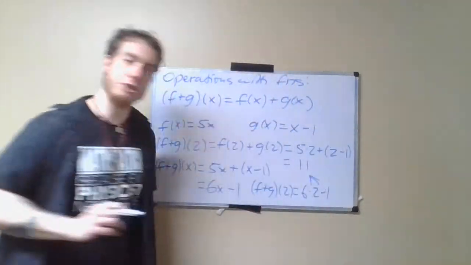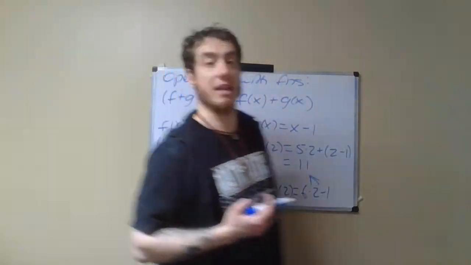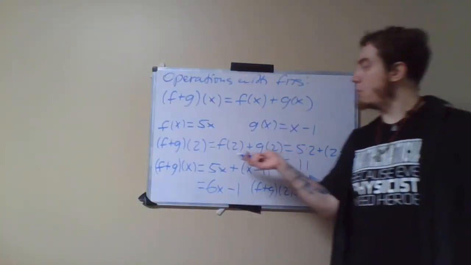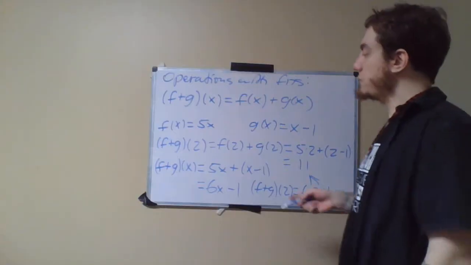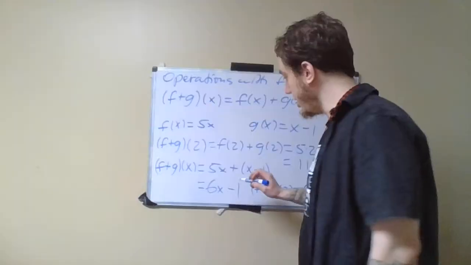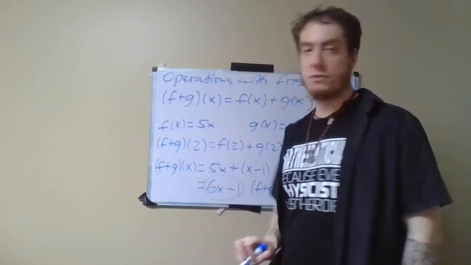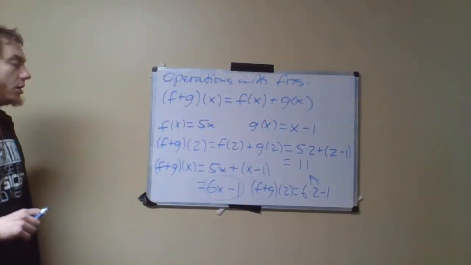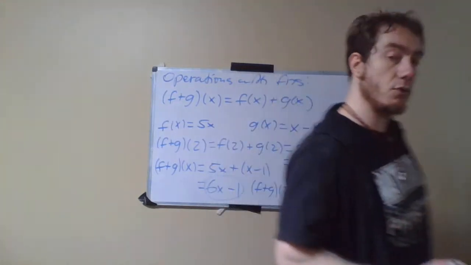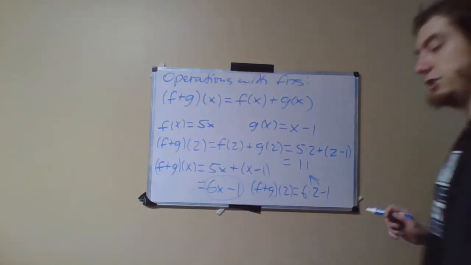Once again, that just gives me back 11. So in terms of evaluating it at 2, both of these processes give me the same result. But if I want to work with what f plus g is, then using this form is probably the way to go. It's really the one that I want to use if I'm going to talk about this in general.